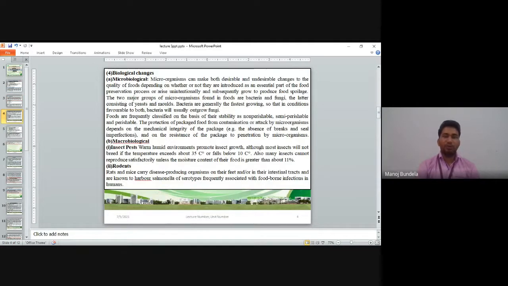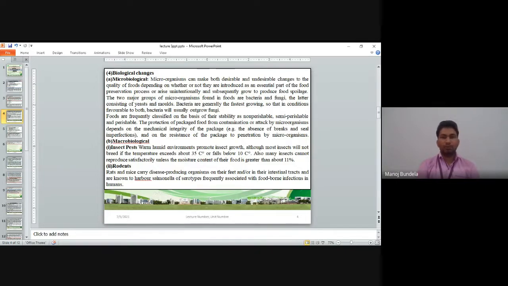Next is biological changes. In biological changes, first is microbiological. Microorganisms can make both desirable and undesirable changes to the quality of foods, depending on whether they are introduced as an essential part of the food preservation process or arise unintentionally and subsequently grow to produce food spoilage.